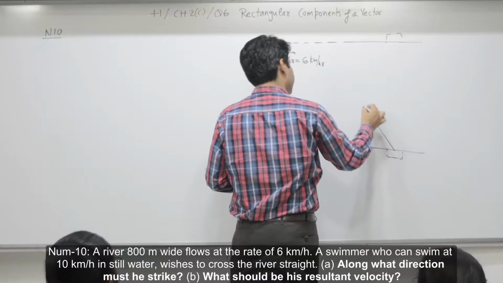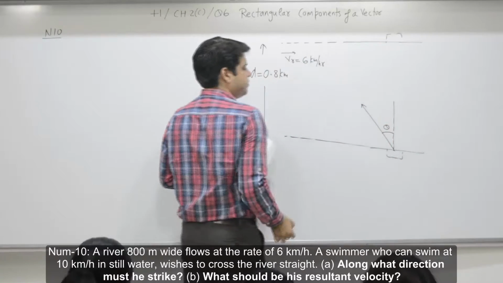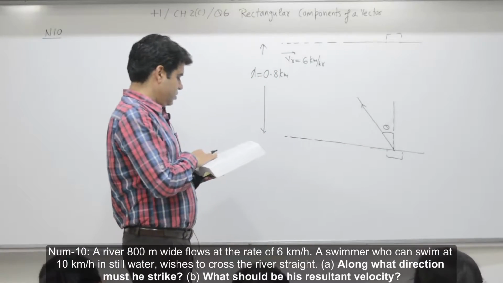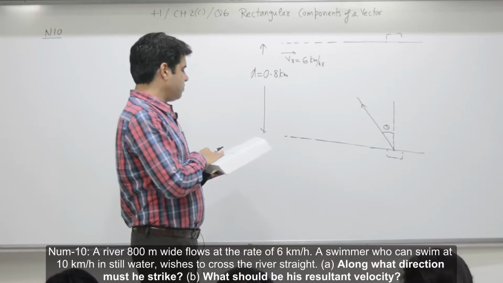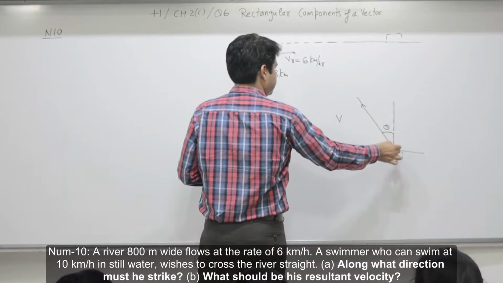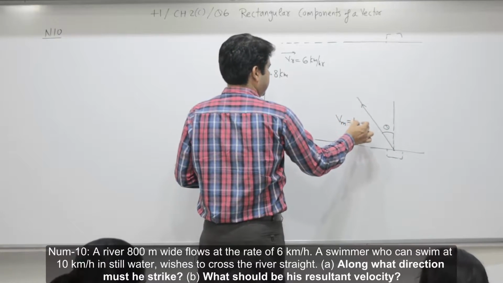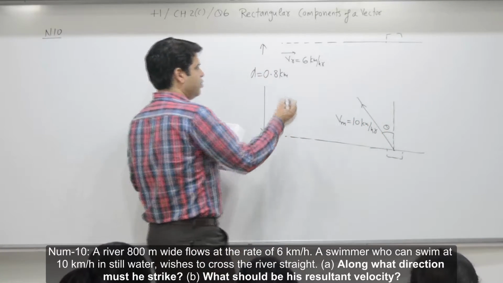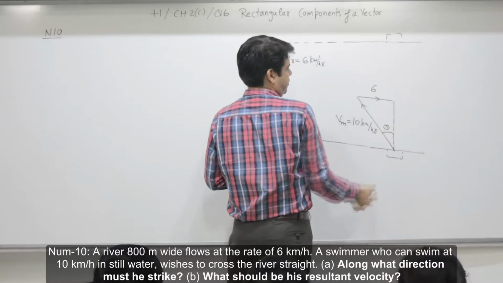That means you will have to move at certain angle with the vertical. Let this angle be theta. Boat or a person makes no difference. The person can swim at what speed? 10. So the person tries to move along this with velocity 10 km per hour, and the river will take him to the right by what? 6 km per hour.